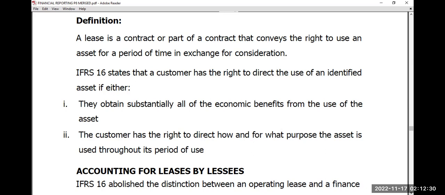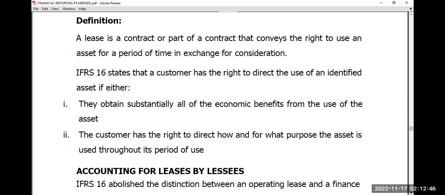Meaning, if you have actually leased the asset, you are able to generate whatever income you wanted to get out of leasing the item.